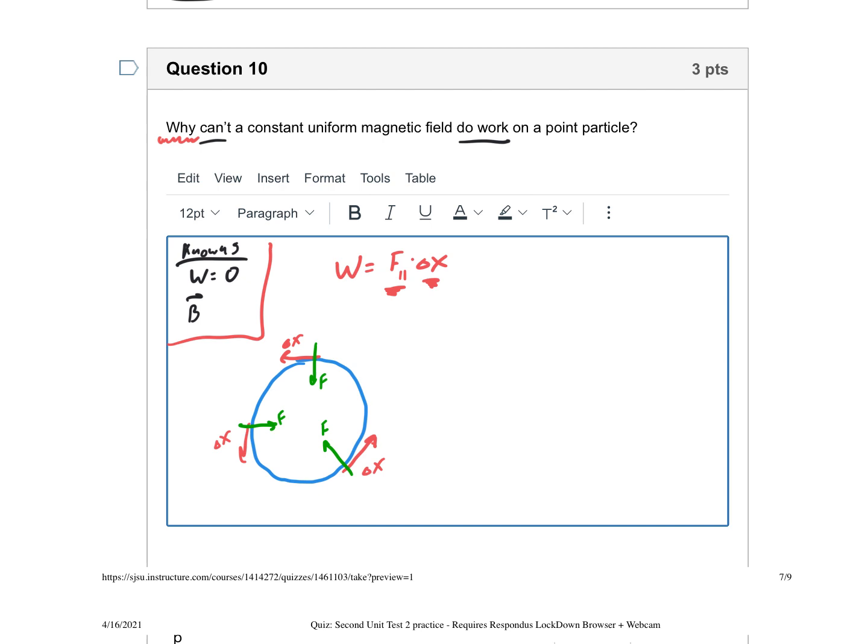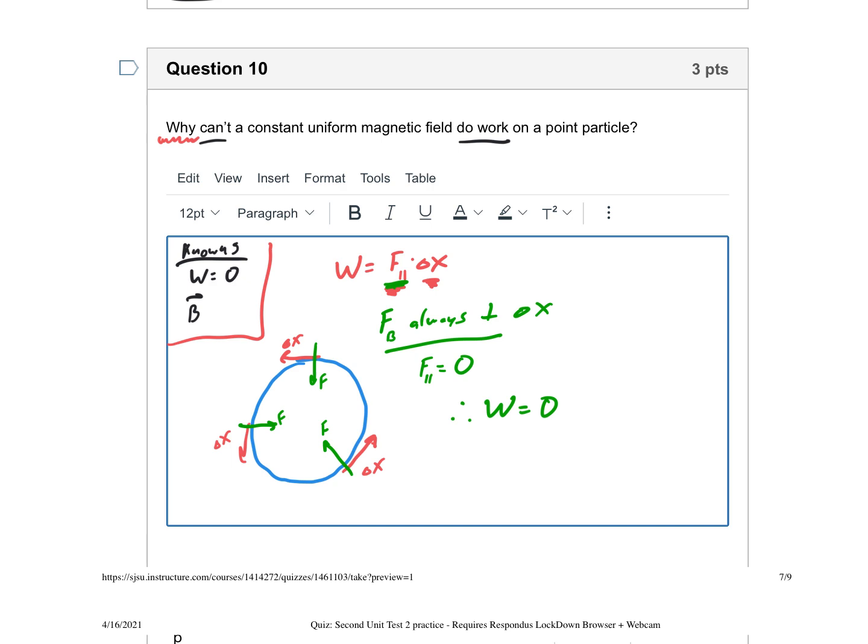Therefore, the magnetic force is always perpendicular to the motion. Since the force is perpendicular, no part is parallel. Therefore, the work done is equal to zero.